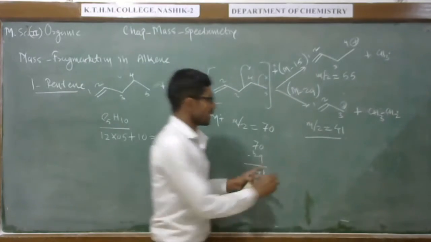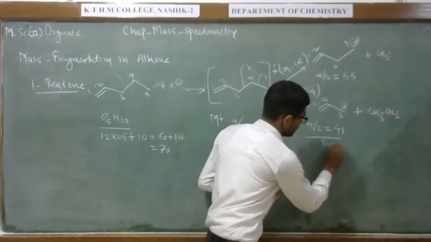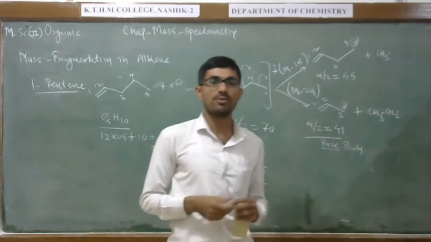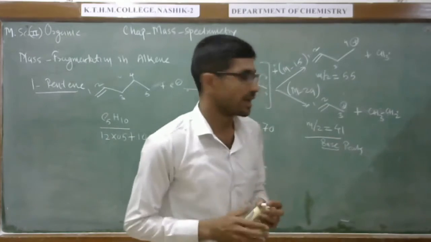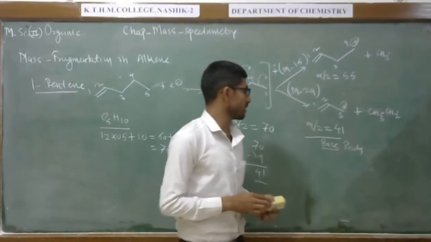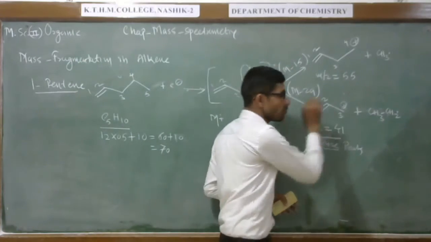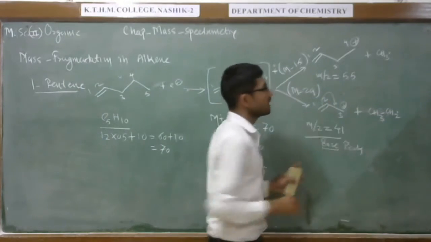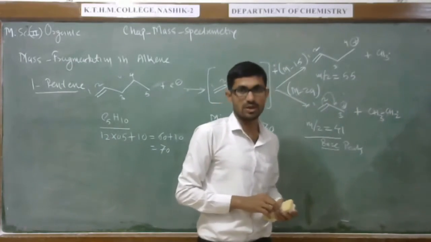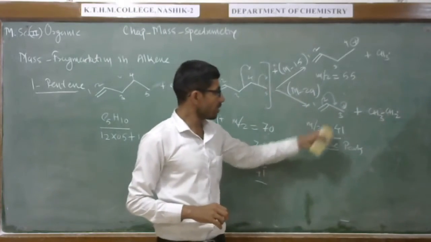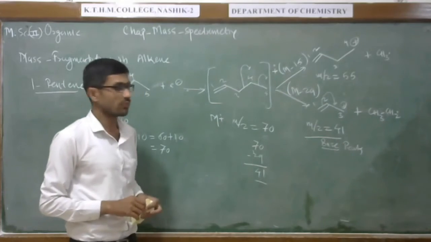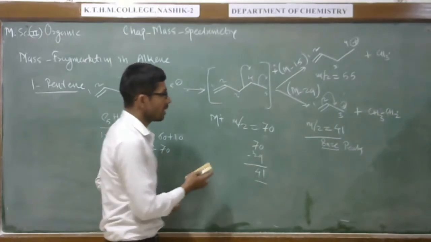So this peak is the base peak. Base peak is nothing but the most intense peak in the mass spectrum. So this peak is the most intense. Why? Because this cation is well stabilized by resonance. So this kind of peak we can observe in mass fragmentation of this alkene.